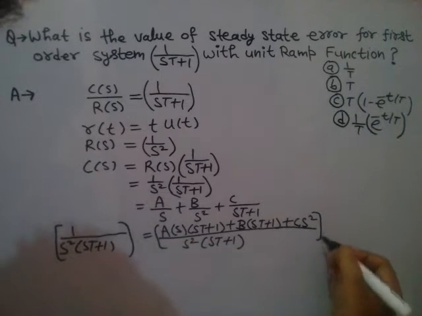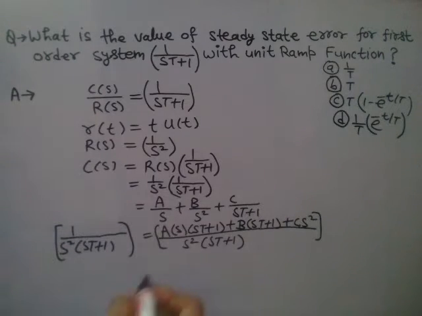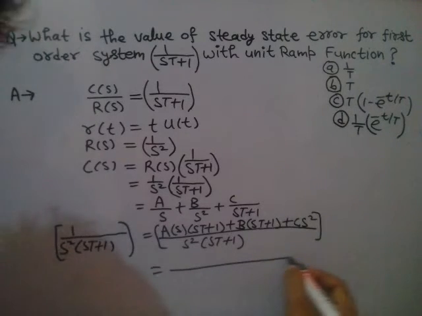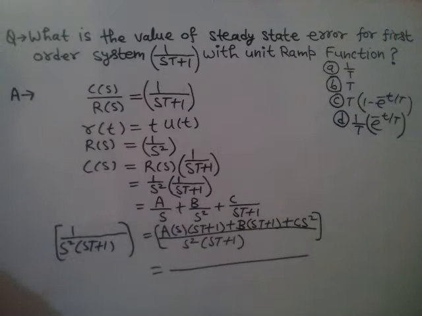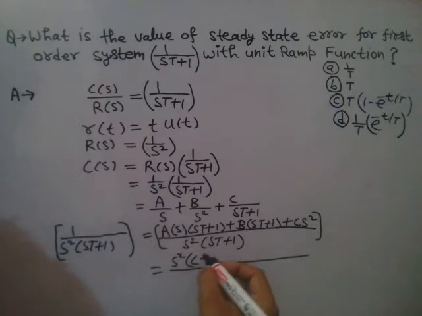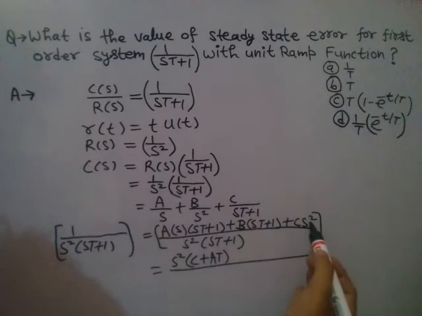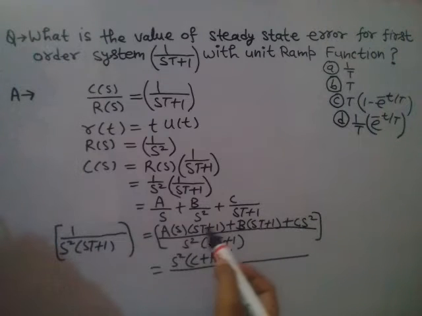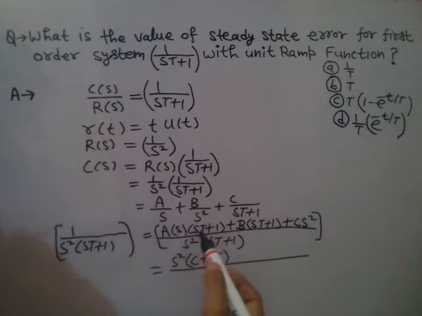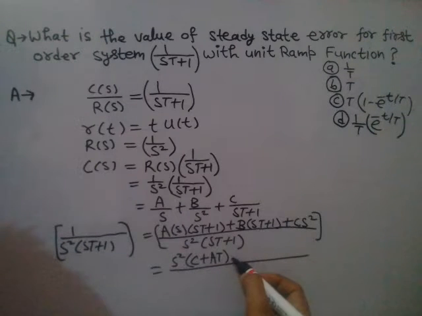We can further simplify this. The coefficient of s square will become C plus AT. Just see here, the s square coefficient is C, and from here the s square coefficient is AT. So C plus AT is the coefficient of s square.